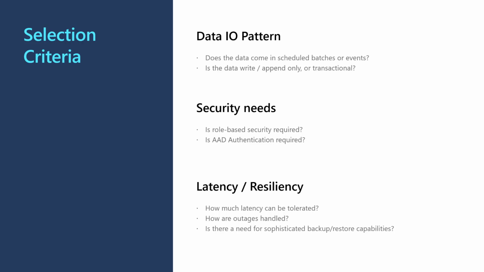Is it measured in minutes, hours, days, and so forth? That might be a factor that pushes you towards why you might leverage Cosmos DB with Synapse Link versus using something like Azure Event Hubs plus some other technologies to real-time stream the data into your analytical store.